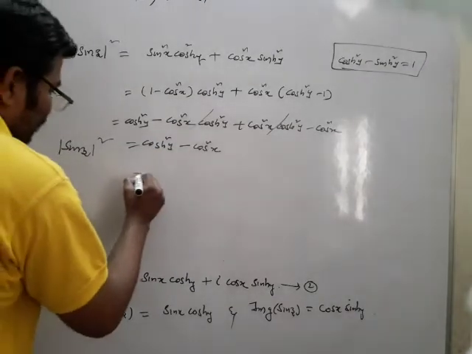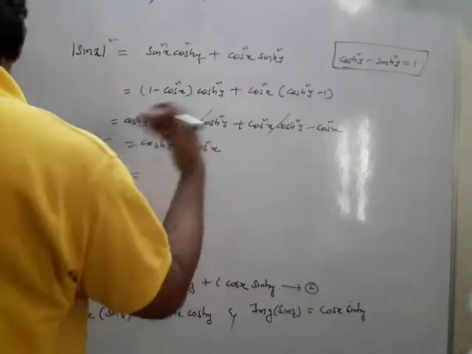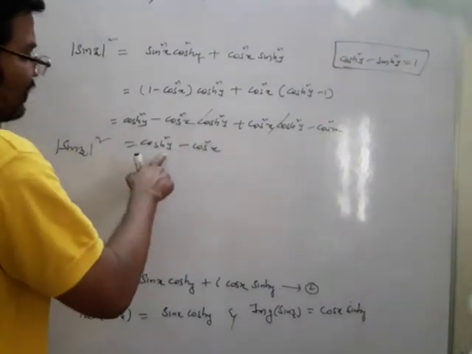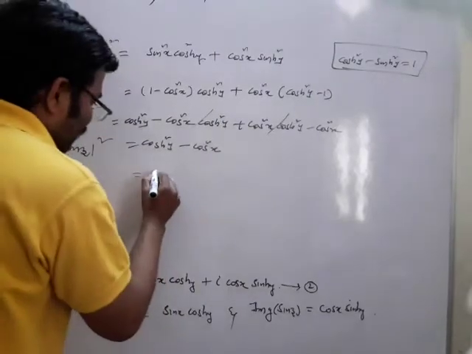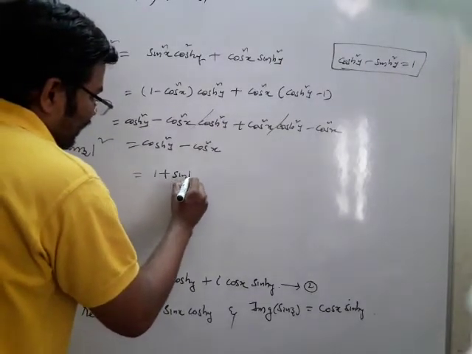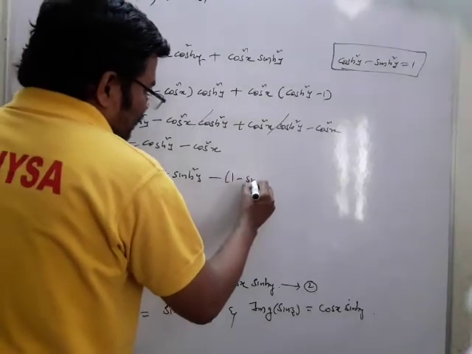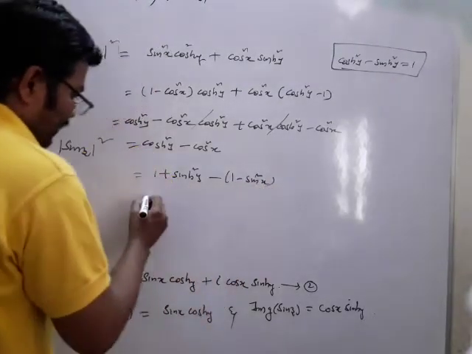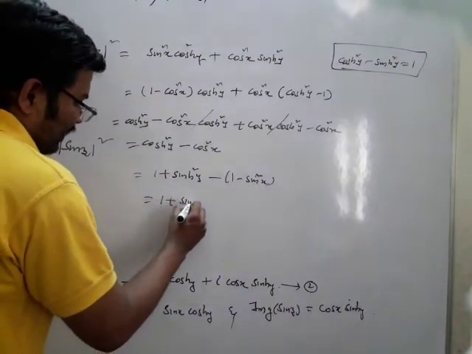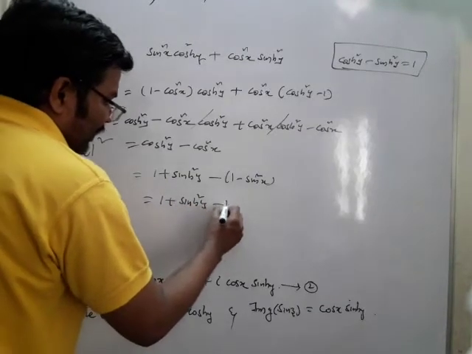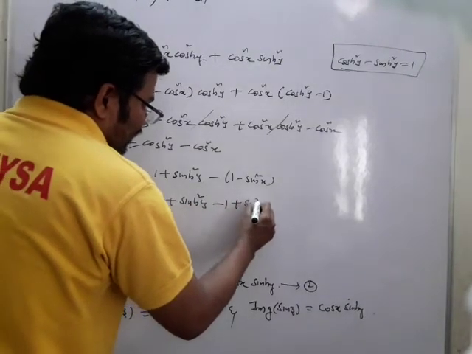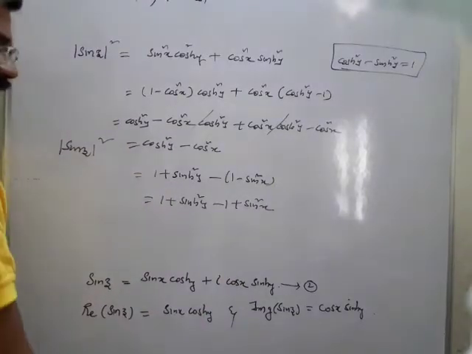Now this also you can change further. This cos square x you can change as 1 minus sin square x, and cos h square y is 1 plus sin h square y. So 1 plus sin h square y minus 1 plus sin square x.